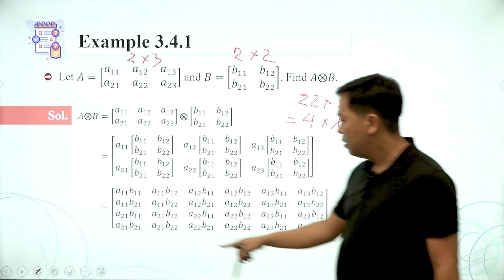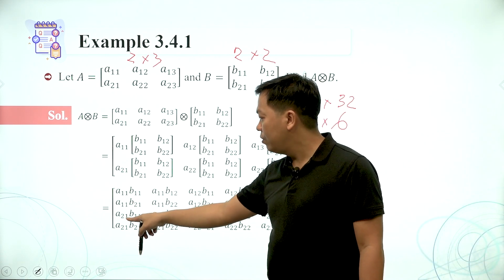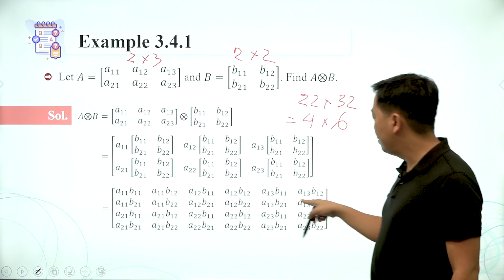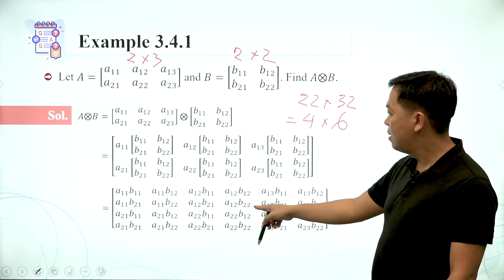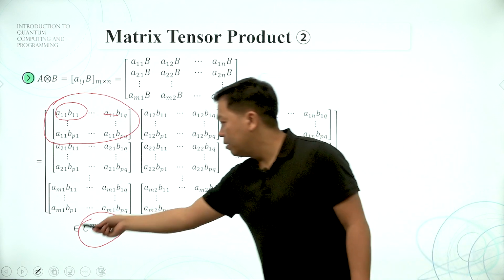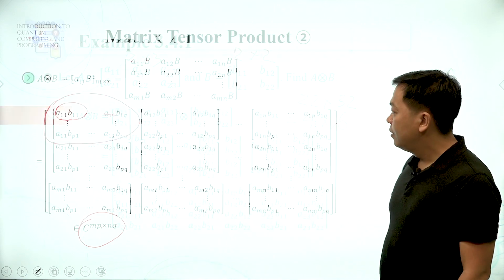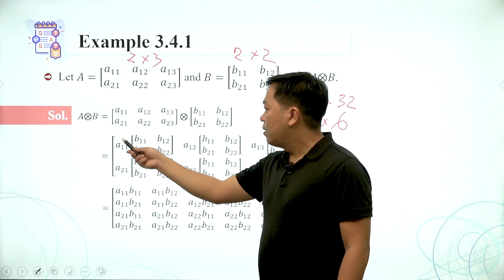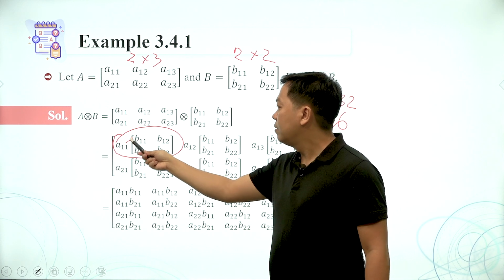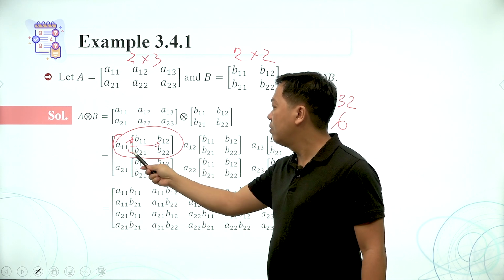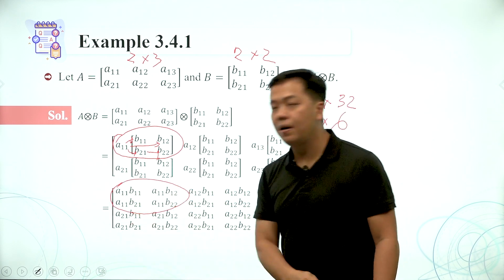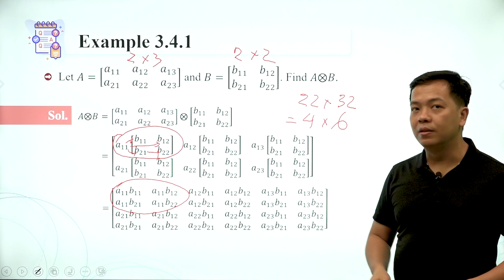You can count 1, 2, 3, 4 rows and 1, 2, 3, 4, 5, 6 columns. Remember this formula. For each element with the children, you multiply them and it equals this part. The others are similar.